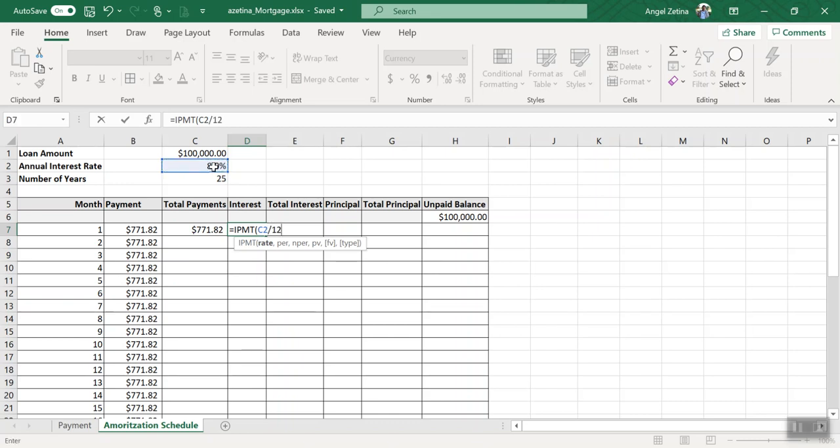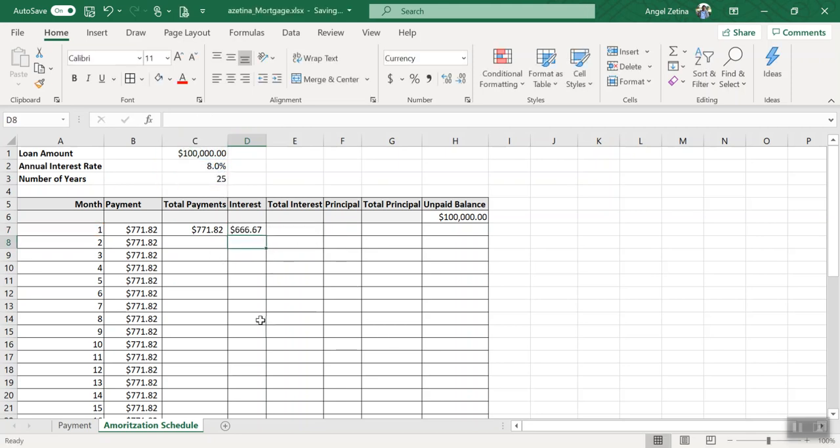That will give us the rate per period. The monthly rate is 7. So month 1 or period 1, what happens in period 1? Then select the number of years and multiply it by 12 to give us the total number of interest periods, followed by negative C1. Close the parentheses.